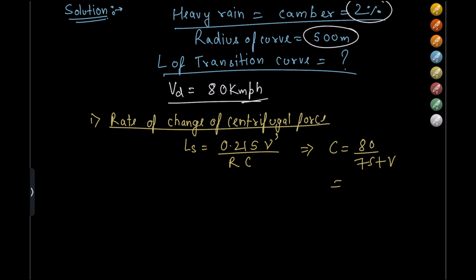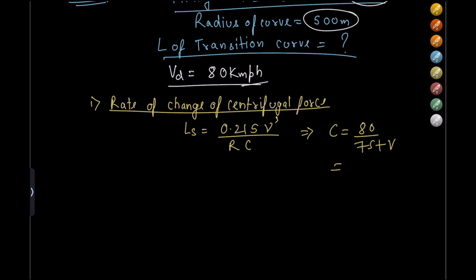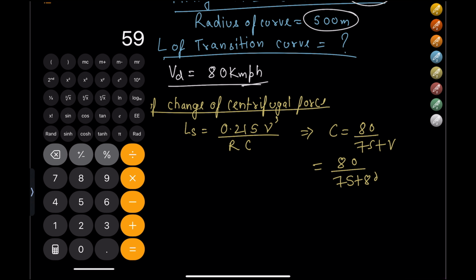Next, to calculate the length of transition curve, we'll use this formula. For this formula, C is given as 80 upon 75 plus B. So we'll input the value of B and calculate the value of C. 75 plus 80, let me calculate the values. 80 plus 75, multiplied.